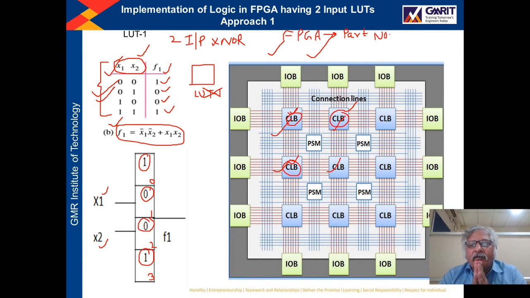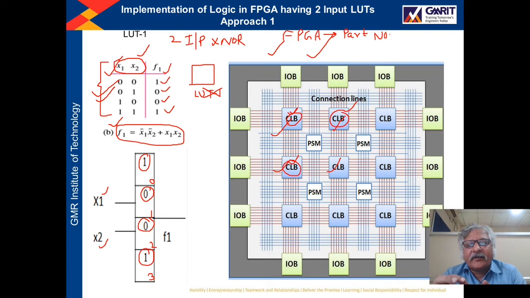Also, after the placement and routing tool, before downloading the bitmap file, there is an option to select your particular IOBs as input or output, that is, which pin you want to make an input or output.